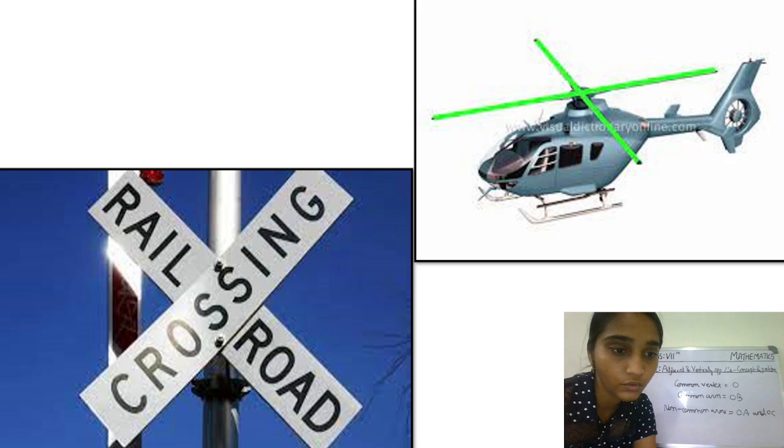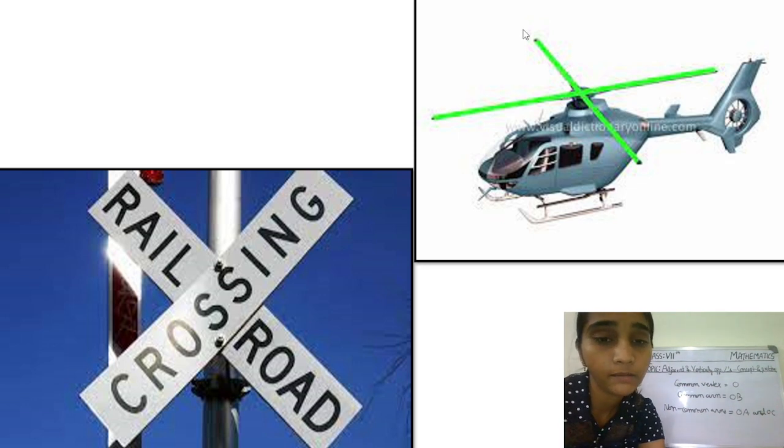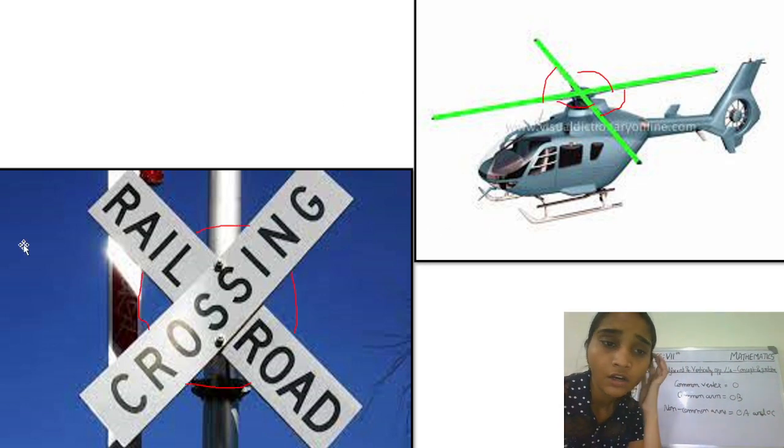Okay, so you can identify them also, that here also we have a few angles, right? Yes, which we can clearly see, students, which are formed by the helicopter wings or this railroad crossing. Okay, over here you can see they are a few angles.